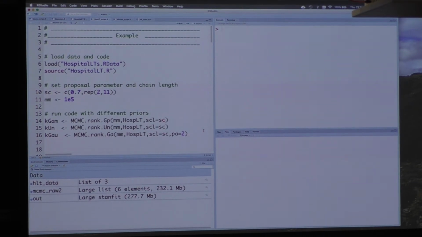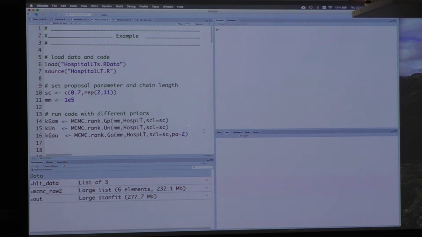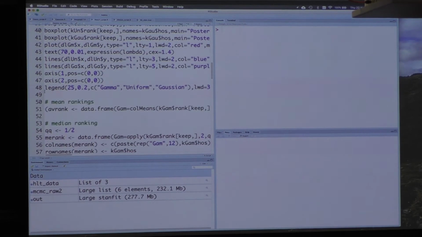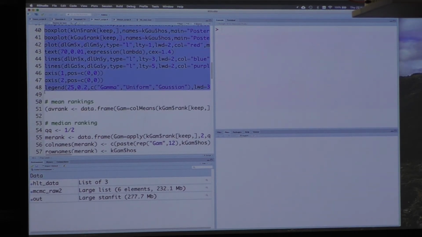These two have a Gibbs step on lambda, and this needs a Metropolis step in lambda. So that's why we need an extra parameter controlling the acceptance rate there. Okay, so I will run the whole thing up to the point where we left it last time.